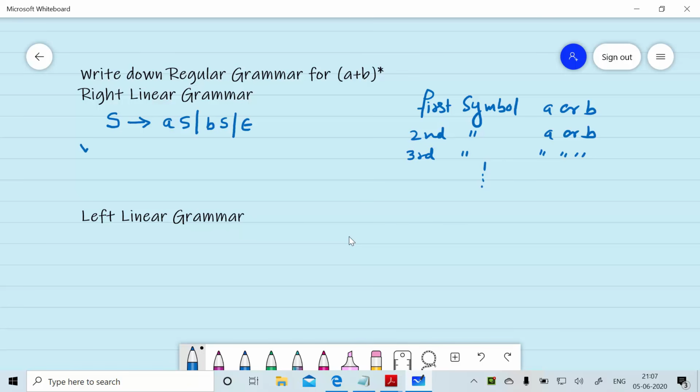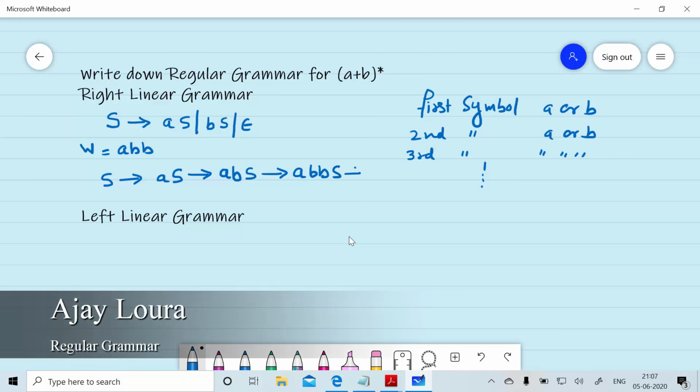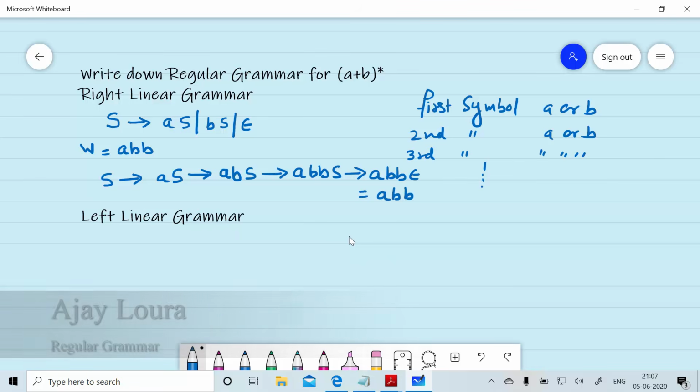Let's consider the string w equal to abb. S gives aS. It will generate the leftmost symbol. Then S is replaced by bS, then S is replaced by bS again. Then S is replaced by null. And it is equal to abb.